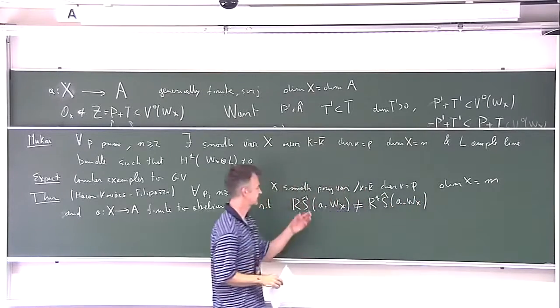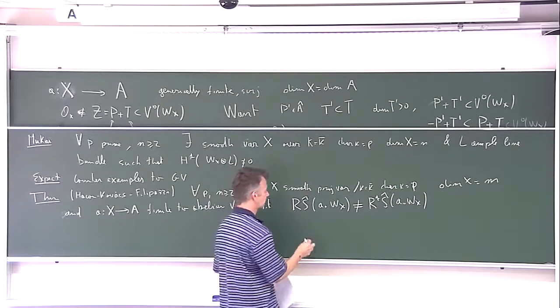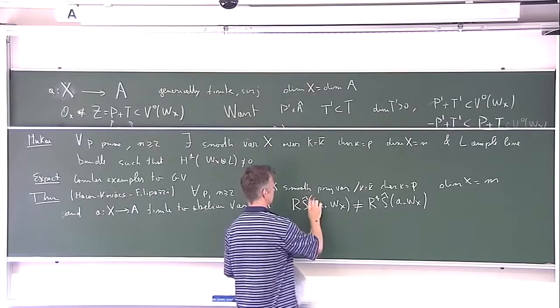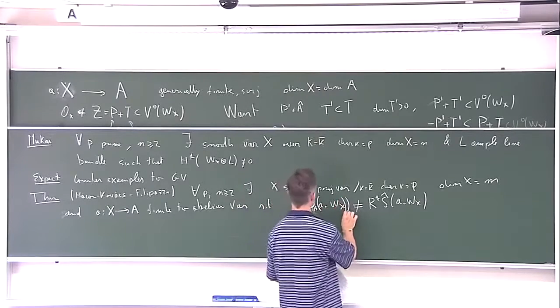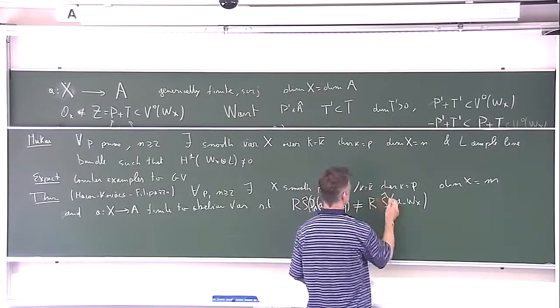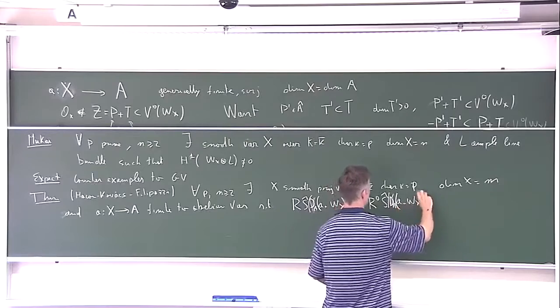So we're expecting that this should be, I've done it the wrong way, RS hat of the dual on A of this guy is not the same as 0's hat of the dual on A of this guy.